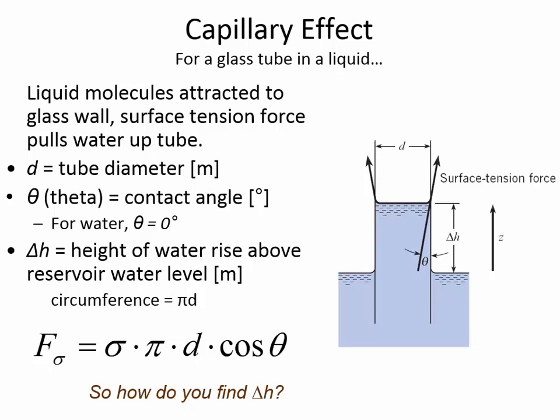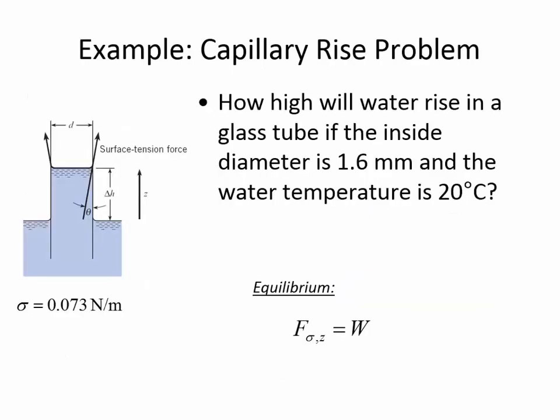All right, so what's going to be the volume of the water? Well, we have to have the cross-sectional area. So the area is going to be pi d squared divided by 4. And then the length of it will just be delta H, right? So volume is going to be area times delta H.